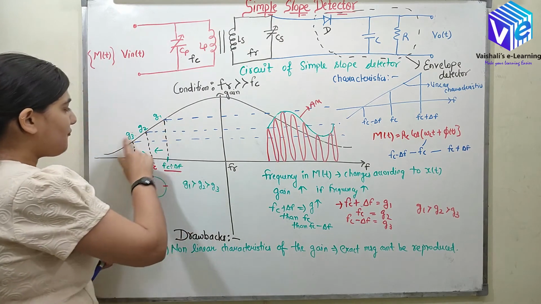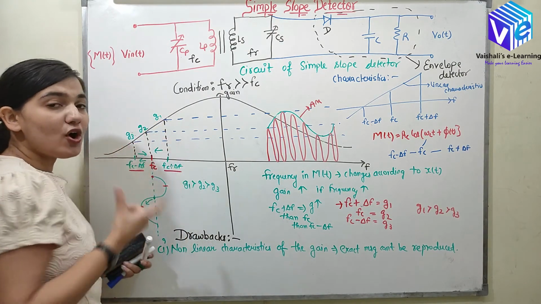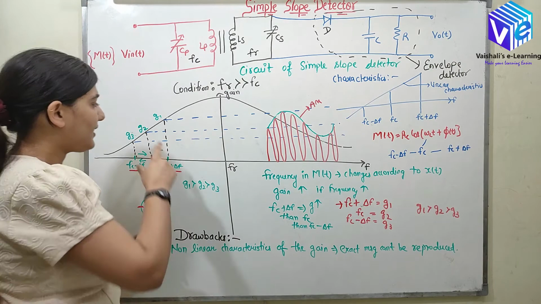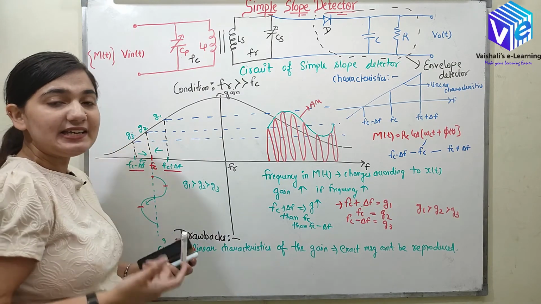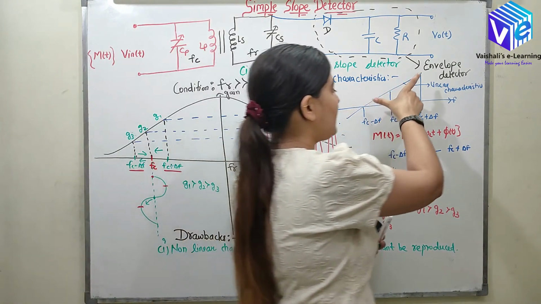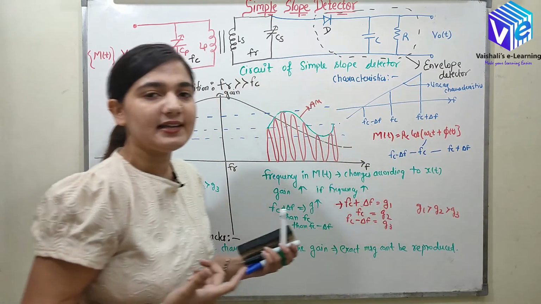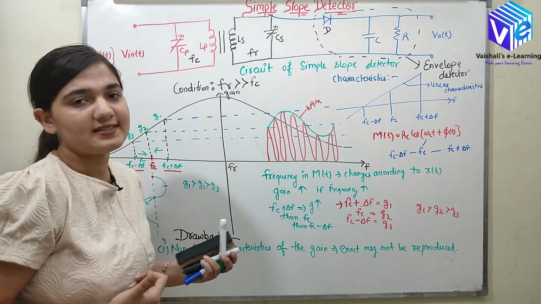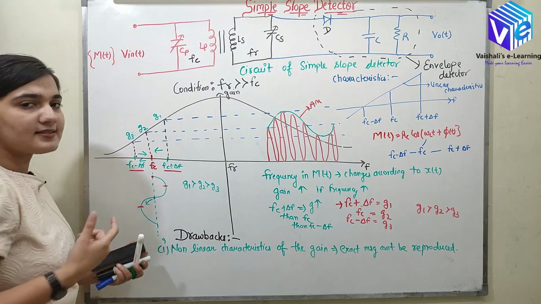So here we have the gain which is non-linear. So here we cannot have perfectly linear gain. So here I said we need the linear characteristics for the ideal frequency discriminator. But here it is somewhat non-linear.